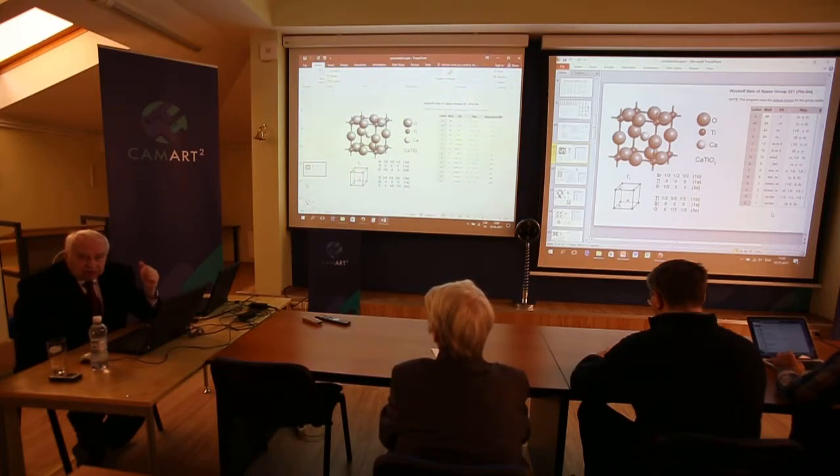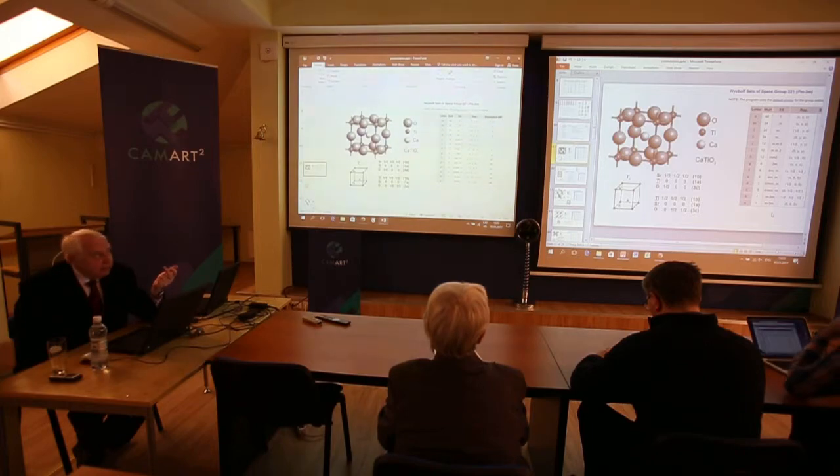So when crystallographers give you information about the crystalline structure, they give you the space group. From the number of the space group, if you have experience, you find the type of lattice. It's included in the symbol of the space group. And then they give you the Wyckoff positions occupied by atoms.